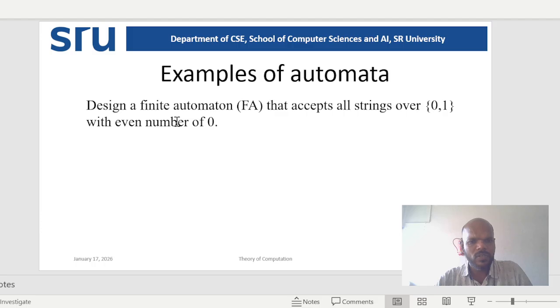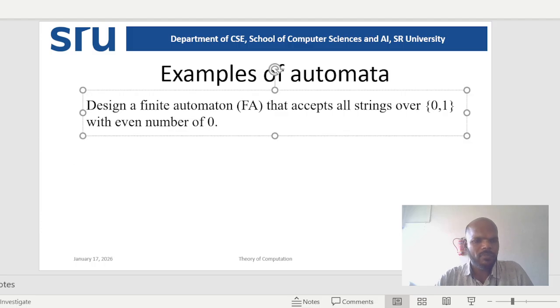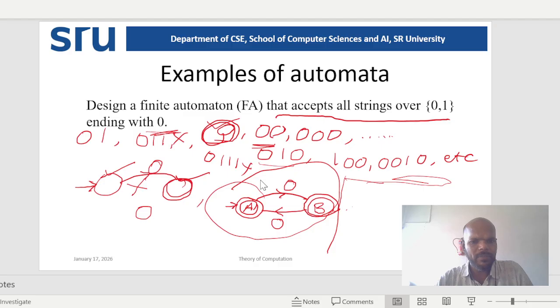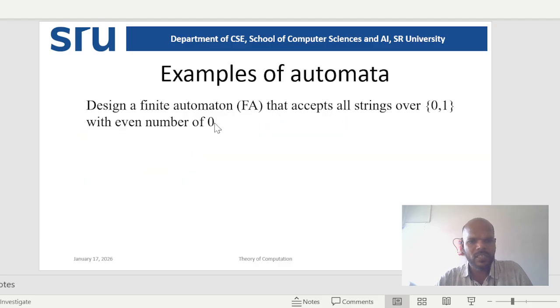Don't get confused about even number of zeros. Previous one was ending with 0, don't get confused. I just took a PPT with some material; avoid this even number of zeros for now. We will discuss that as another problem later on.